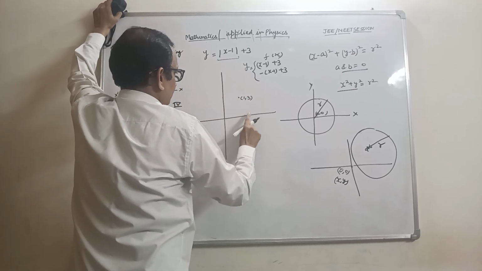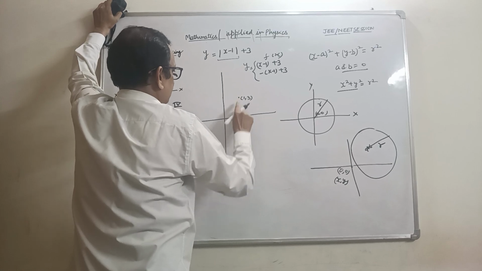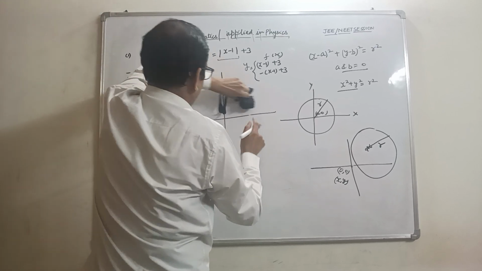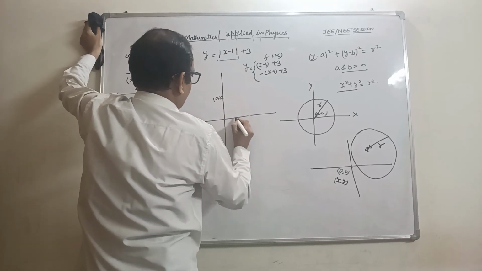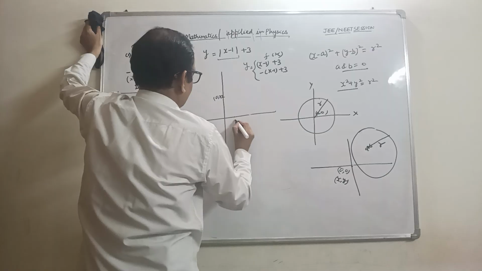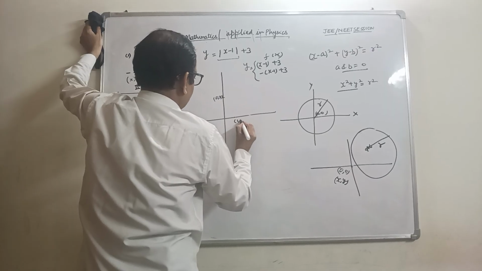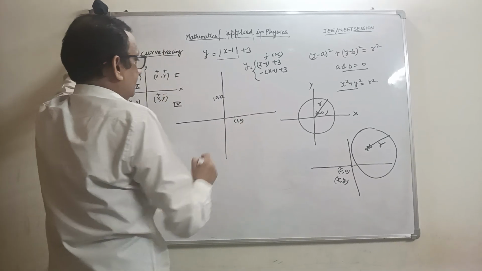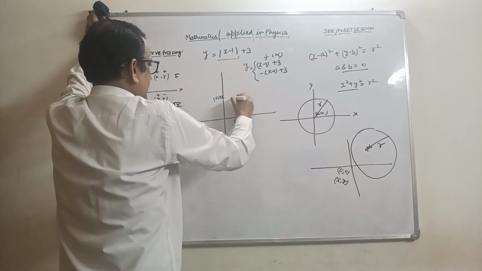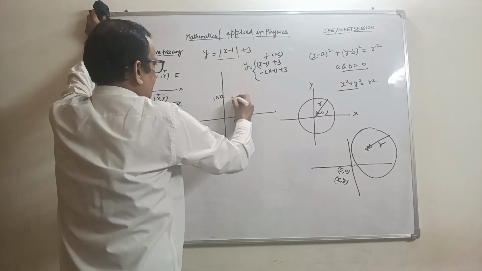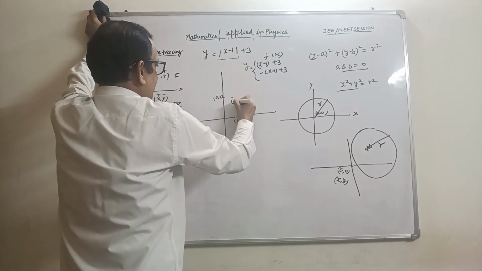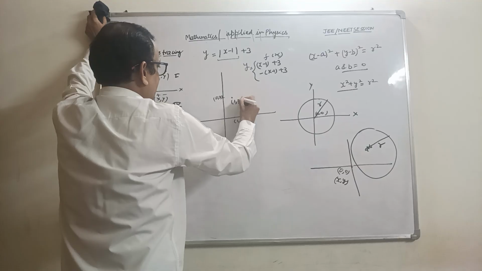Suppose this is 1, suppose this is 3, 0, 3, and suppose this is 1, 1, 0, and we know the point would be here, the shifting point. So the x coordinate would be 1 and the y coordinate would be 3.